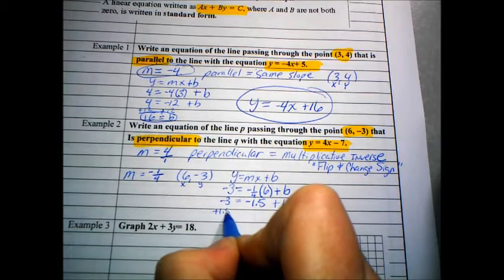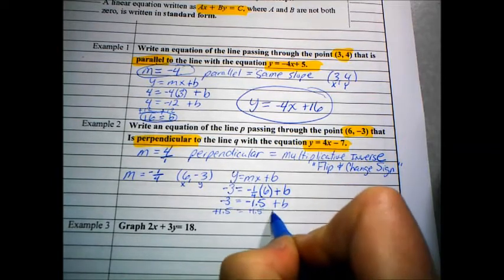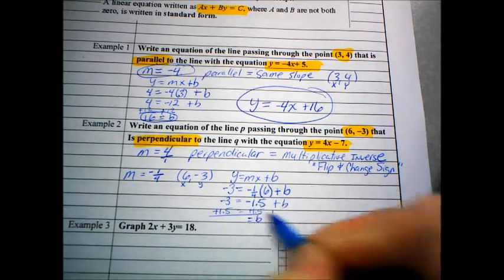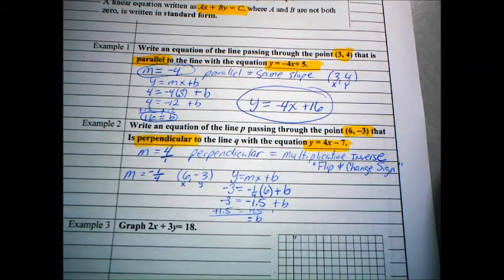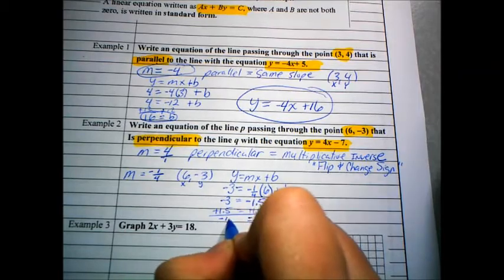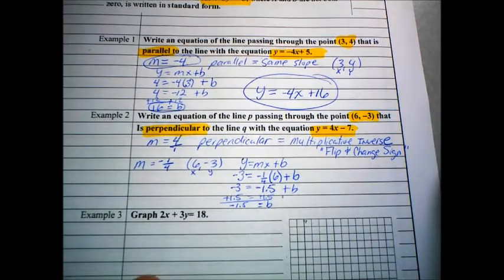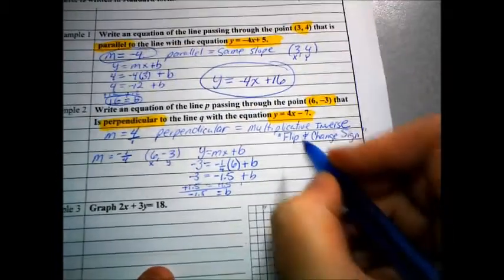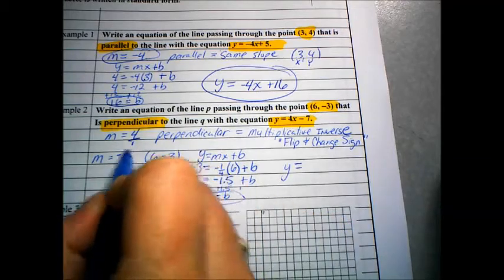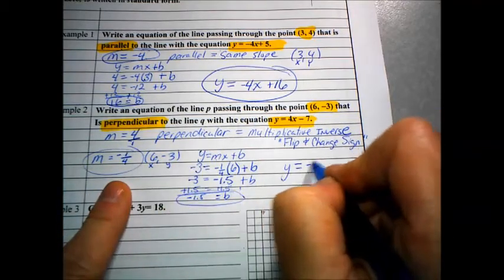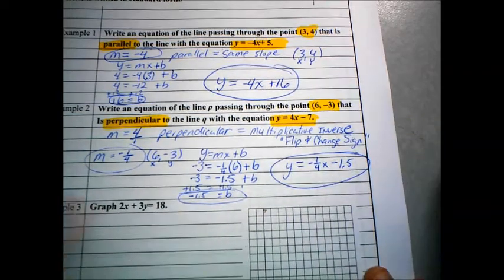And then I'm going to add 1.5 to the other side. That way I have b is equal to negative 3 plus 1.5, which is negative 1.5. Now if I put them together, here is my slope and here's my intercept. That'll be y equals negative 1/4 x minus 1.5.